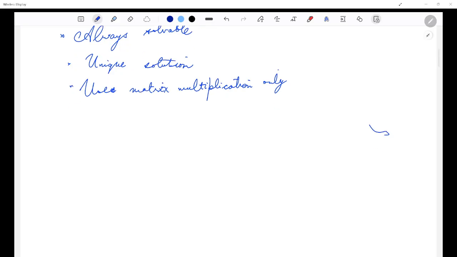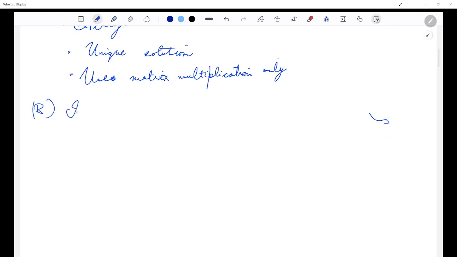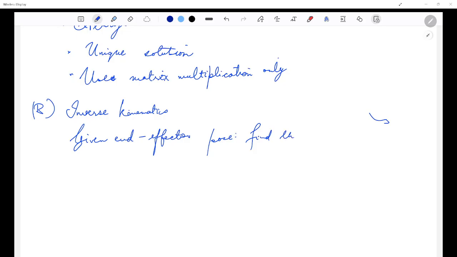Okay. Whereas what happens in the case of inverse kinematics? Given the end effector pose, find the joint variables.